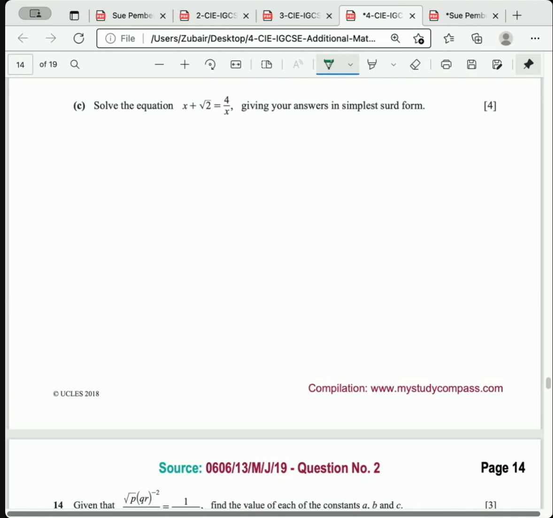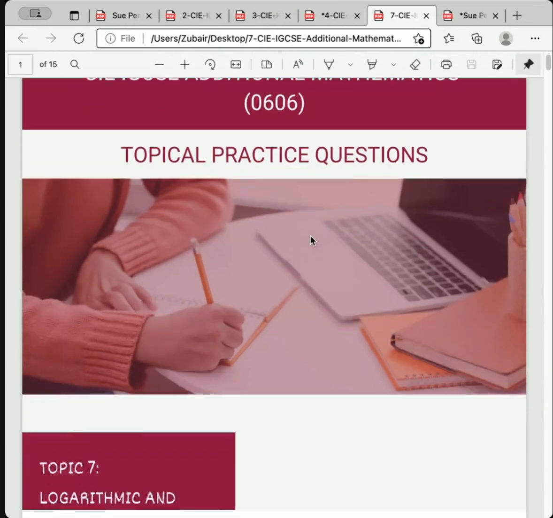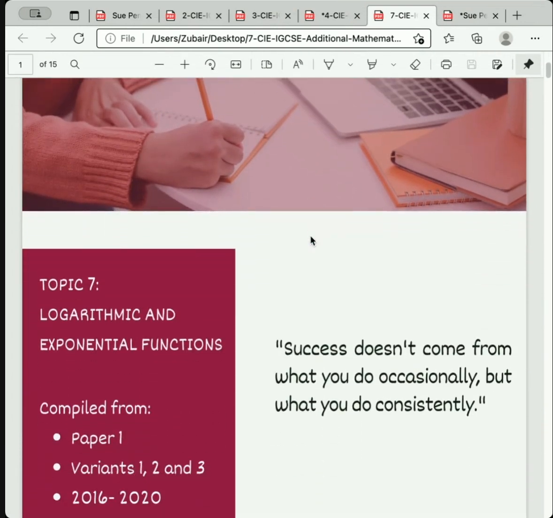File number 7. Logarithms and functions.